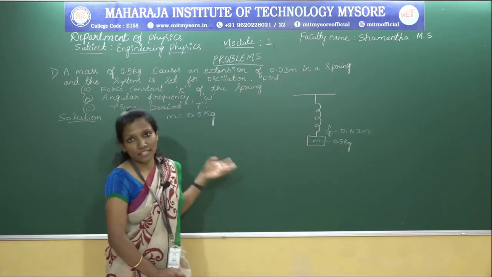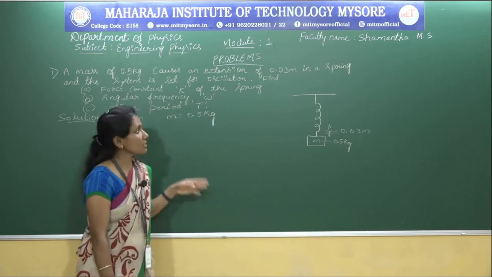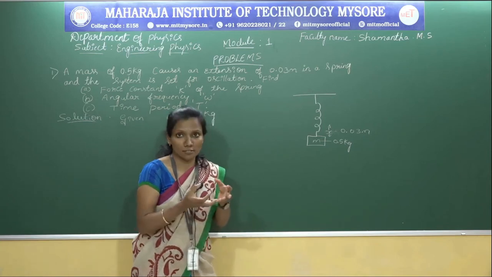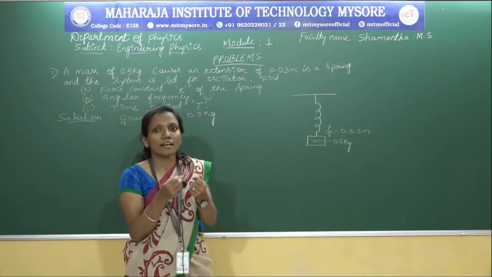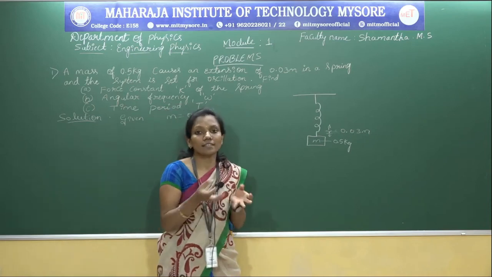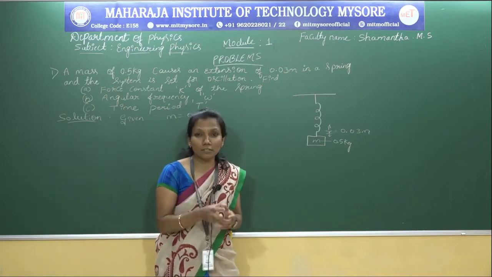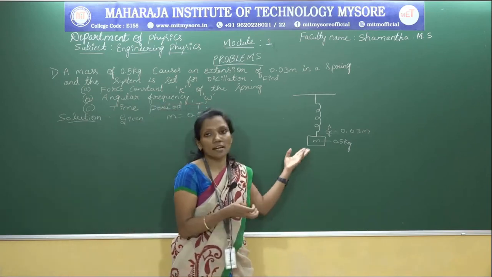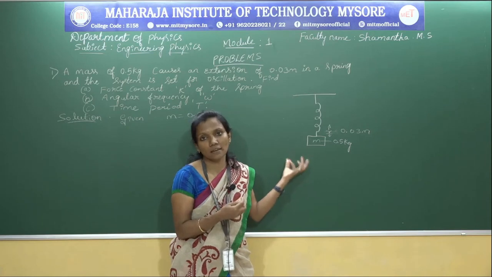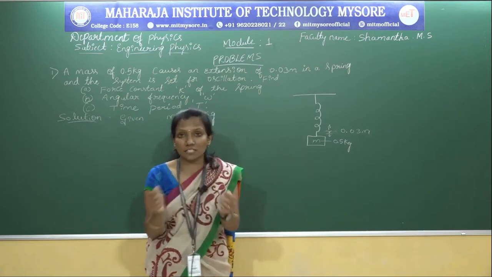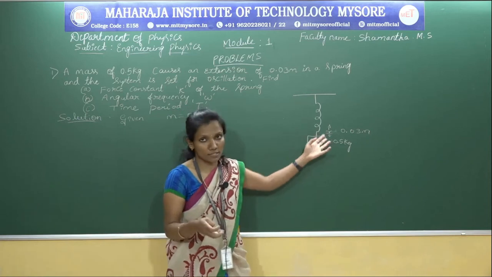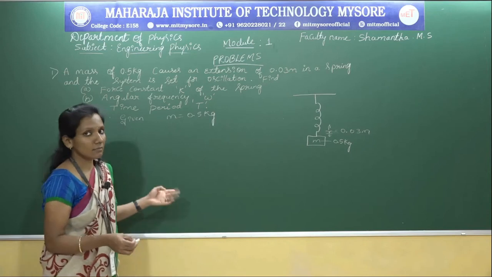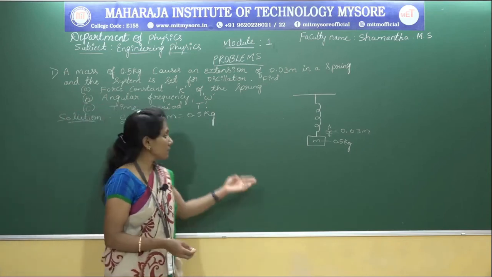The spring constant is the measure of the strength of the spring, how much we can extend and compress that spring. We know the formula for the spring constant from Hooke's law, and by using that we can calculate.